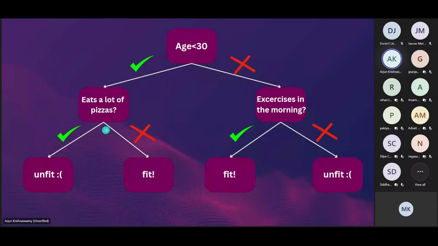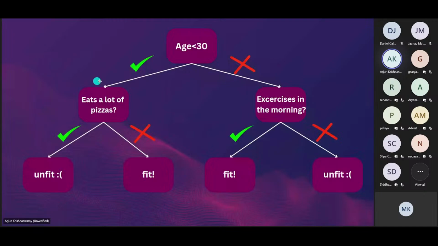So basically, through these set of questions, we can classify if a person is fit or unfit. And in the very first question, if it was false, then we ask another question, if he exercises in the morning or not. And if he does, then he's considered fit. If not, he's unfit.